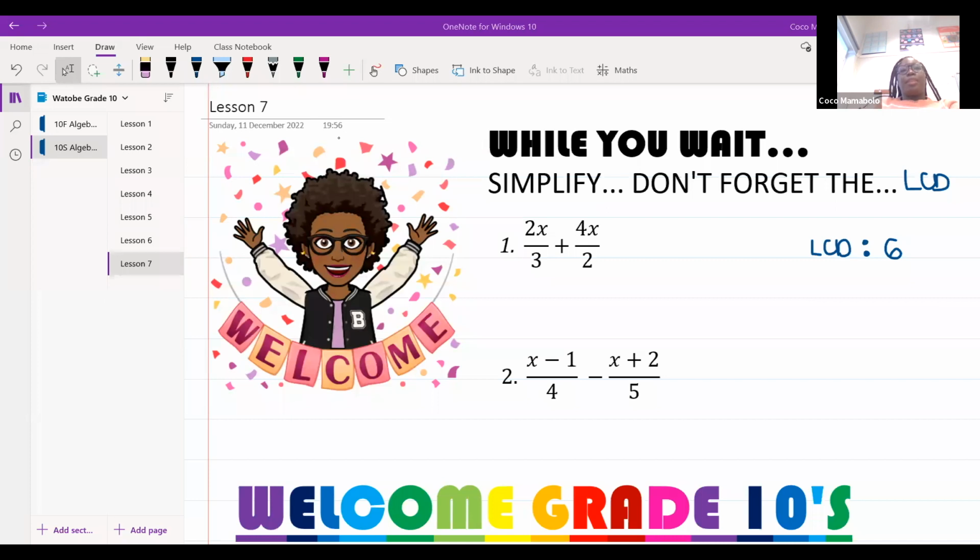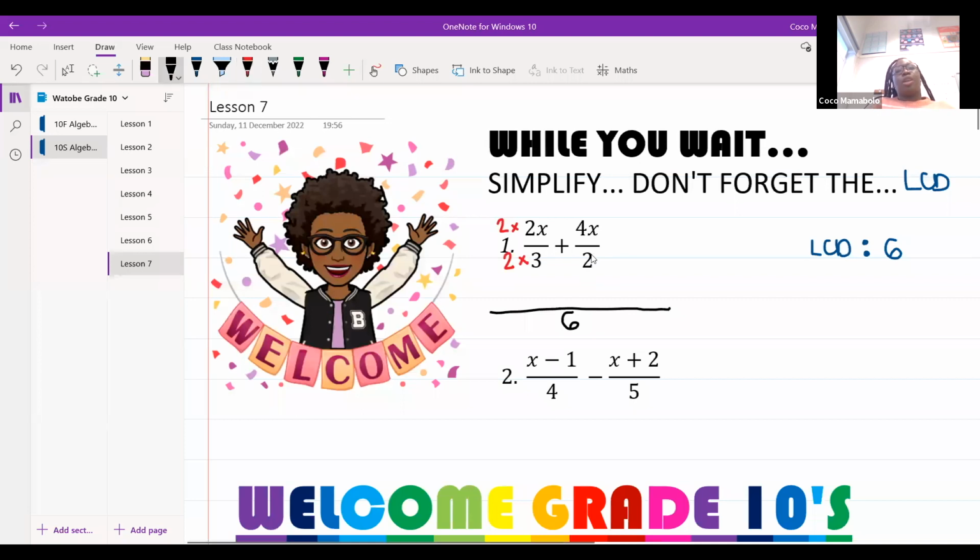Okay. All right. Guys, we're going to get started on this question. I'm a little worried that we might lose time, so I want to make sure we get in as much as we possibly can. Now, if my LCD is 6, I'm going to draw a line like this. What did I multiply 3 by to get it to 6? Tell me in the chat. That's it, Deborah. Well done. I multiplied by 2, and what I do to the bottom, I do to the top.